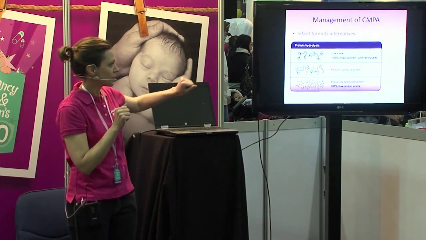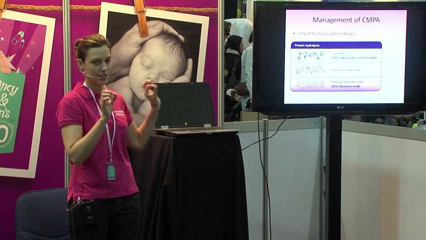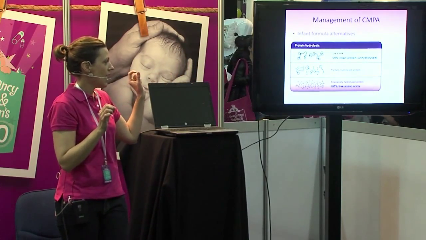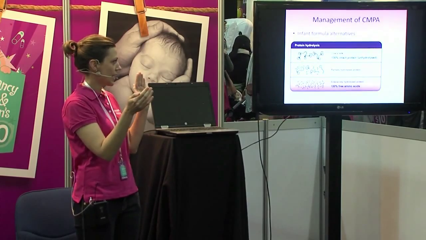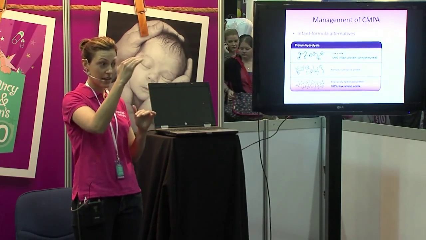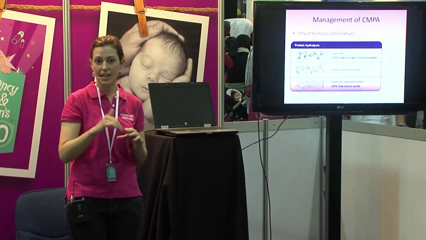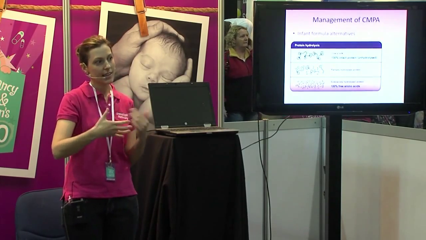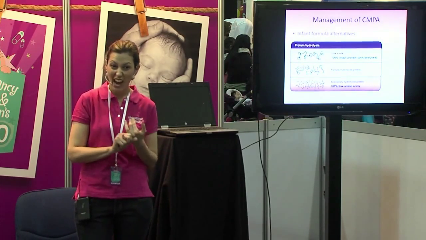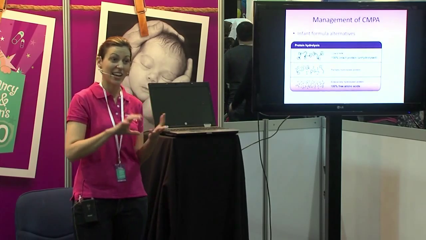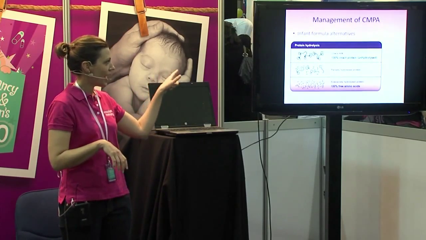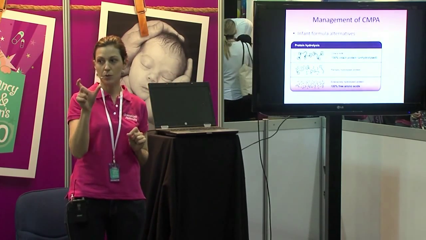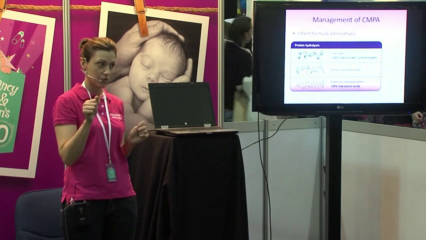I don't know how well this projects as well, but it just shows quite nicely that the protein in your cow's milk, in the infant formula alternatives, is broken down to varying degrees. So you can get some over-the-counter formulas such as Caricare HA, Aptamil HA, Nan HA, and they're your partially hydrolyzed formulas. So the cow milk protein is partially broken down in these formulas.